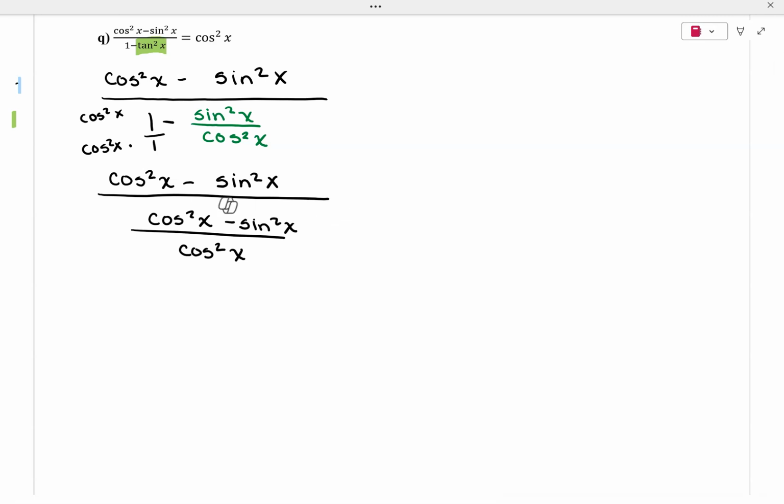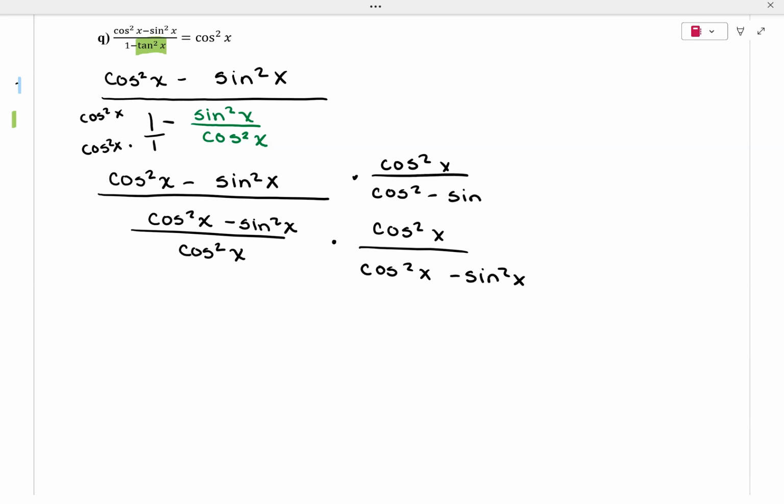So let's try it. Go multiply by the reciprocal. And what you do to the bottom, you do to the top. Notice what ends up happening. These all cancel, which I guess I should have done it.